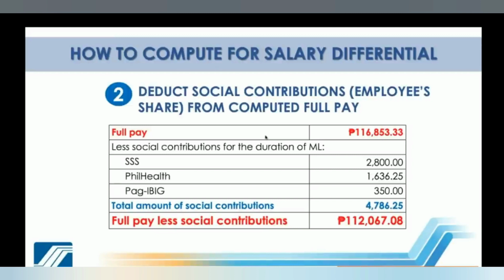Yes, ito po iyon. So, compute yun na employee share to be incurred in the next 3.5 months. Once you got the total amount for the social contributions, you would have to deduct that from the earlier computed full pay. So, that would be 116,853.33 minus 4,786.25. Then you get 112,067 pesos and 8 centavos.